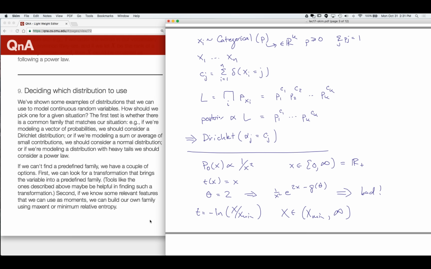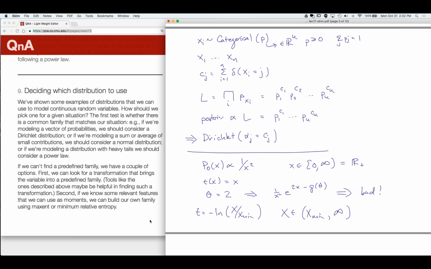But second, and maybe more importantly, we can use tools like Maxent to try to build our own family of distributions that's good for modeling. So in particular, if we're going to do Maxent, what we want to do is pick some relevant features that we can use as moments, right? So for the normal, we picked x and x squared.